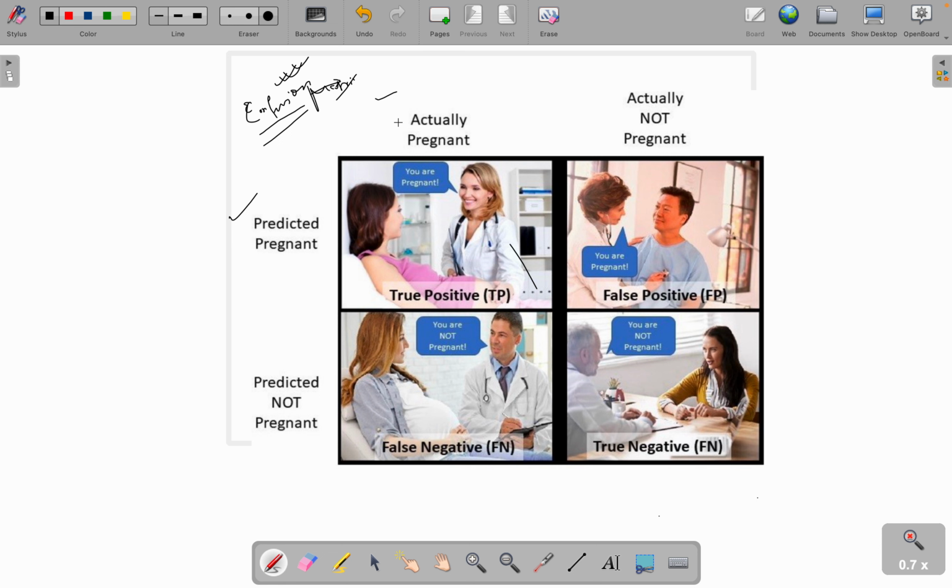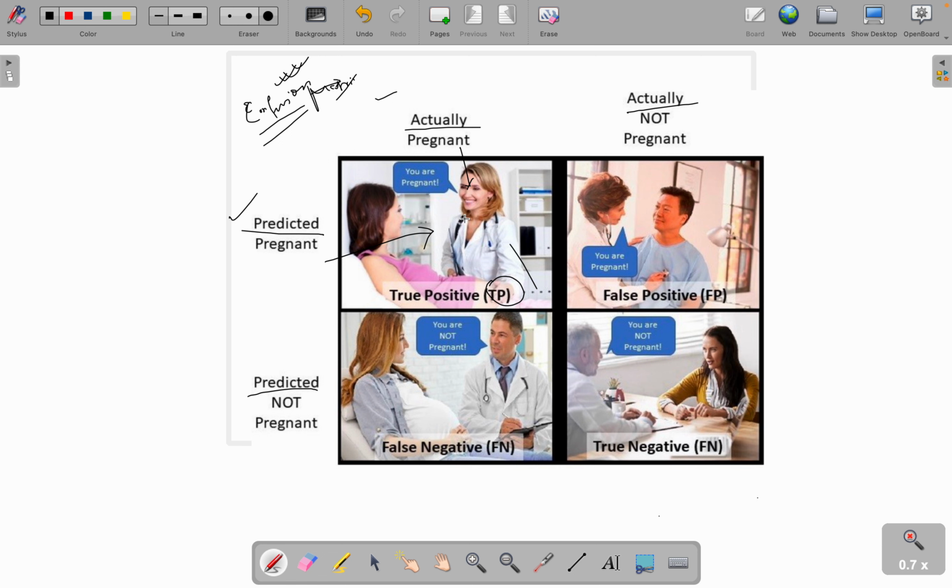Let's see. These are the actual values, what we are giving to the model, and these are the predicted values which we are getting from the model. So this is true positive. True positive is when the actual value is true and the predicted value is also true.